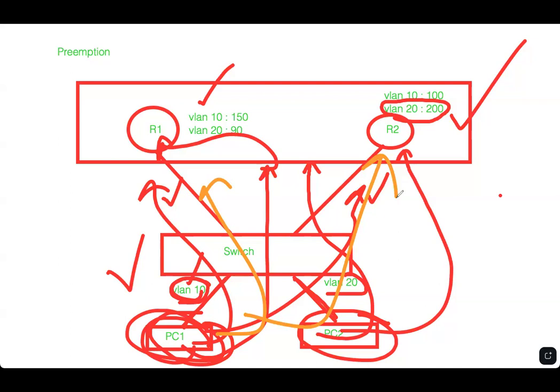Whichever has the lowest MAC address becomes the root bridge. Similarly, if the priorities are the same here, it will choose the highest IP address. Whichever has the highest IP address becomes the active, and the lowest IP address becomes the secondary or passive.